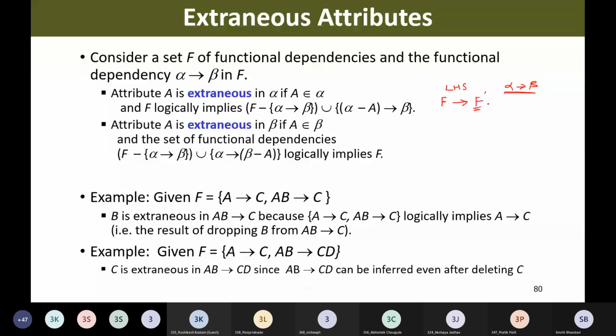And for RHS, this test is simply the reverse test.